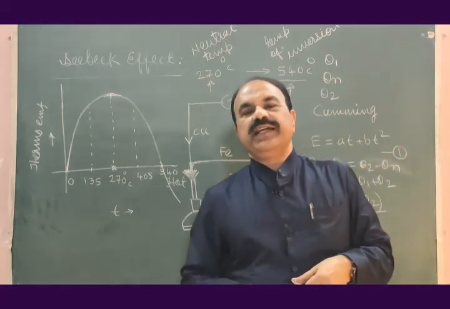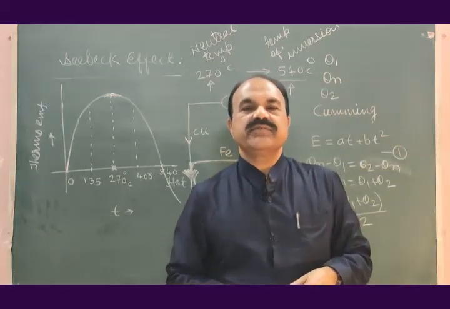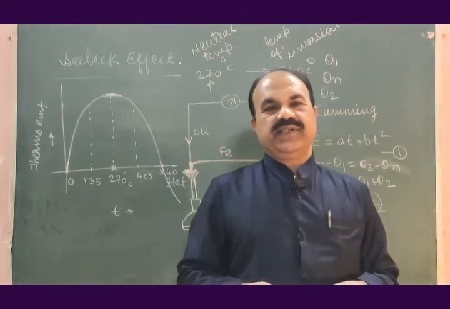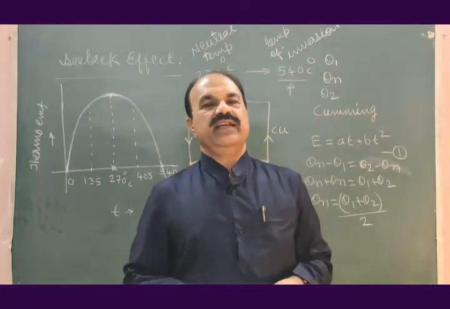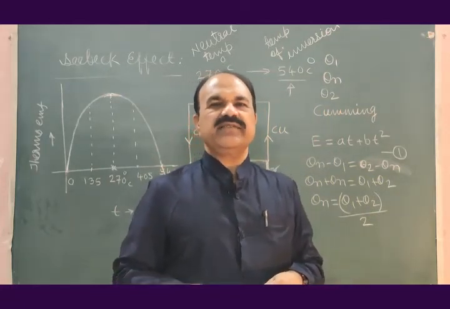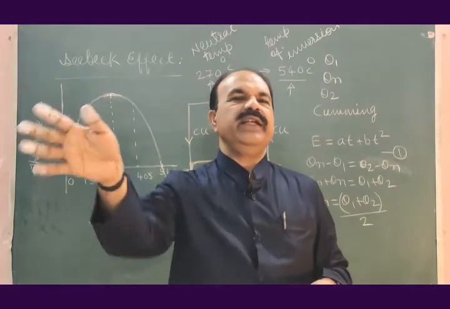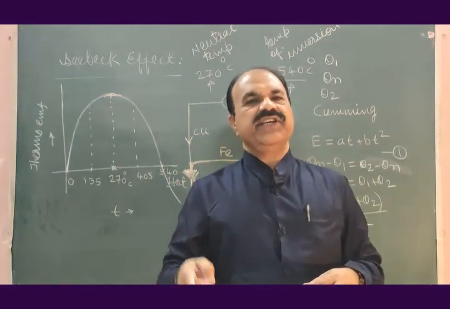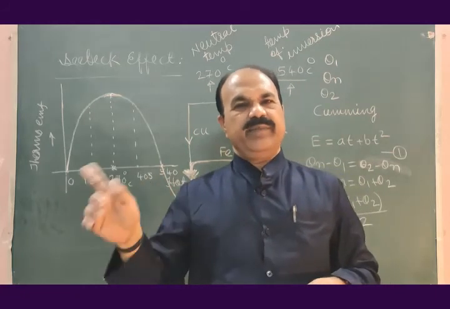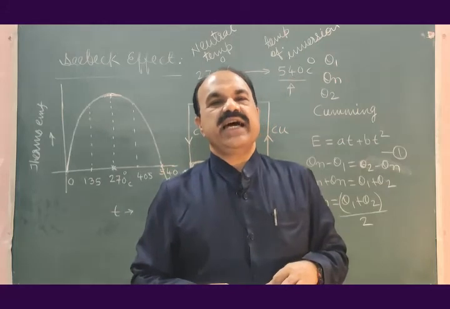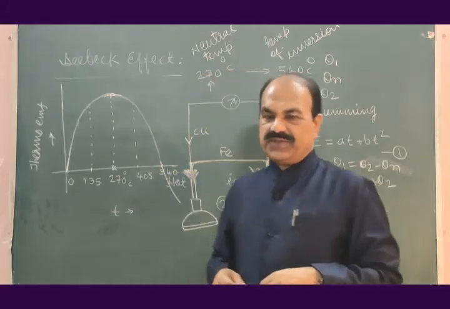According to the free electron theory of metals, every metal has a large number of free electrons. The density of free electrons in different metals may be different, but every metal has a large number of free electrons.